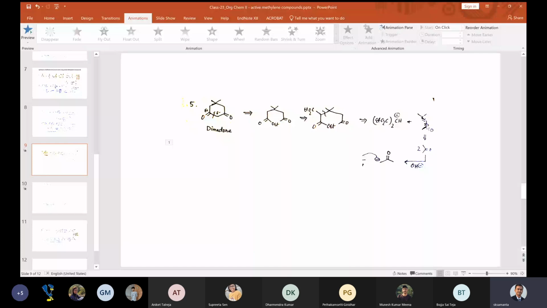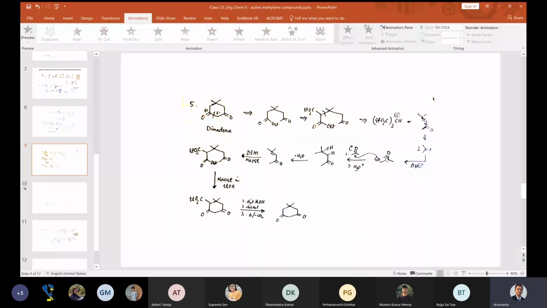We did this by using acetone, and we did the aldol condensation in basic condition, or you can use acidic condition so that you get this dehydrated product in one step. So this one we already saw in the beginning when we were learning the aldol condensation.